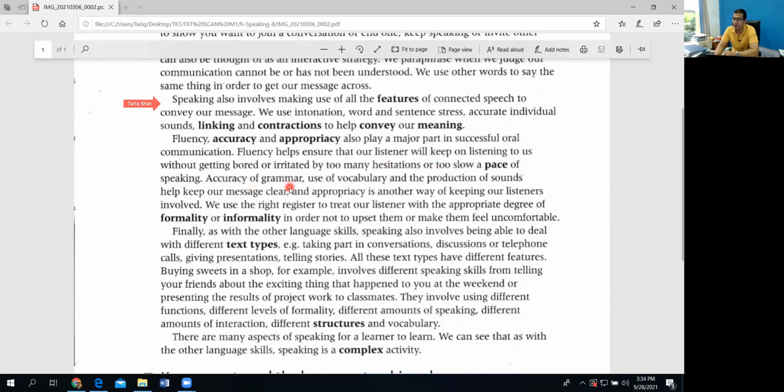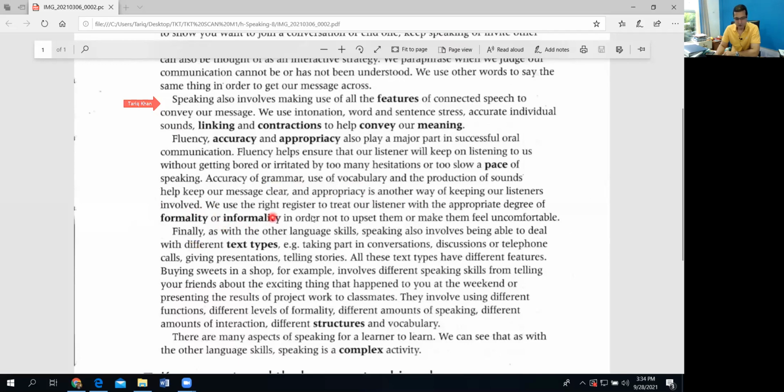Next is accuracy of grammar, use of vocabulary and the production of sound, which help keep our message clear. And appropriacy is another way of keeping our listeners involved. All right. Accuracy, as we know, whenever we are focusing on the grammatical structure of the sentences or the dialogues, that comes in accuracy. Appropriacy is another way of keeping our listeners involved, like you are using language which is suitable for that particular situation.